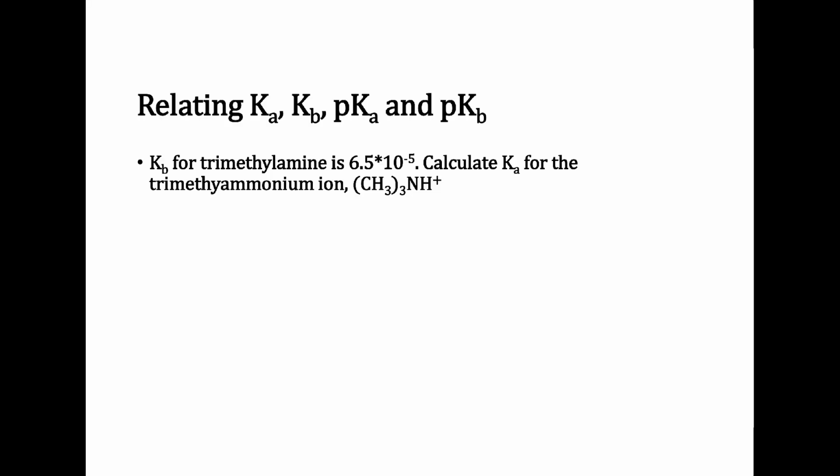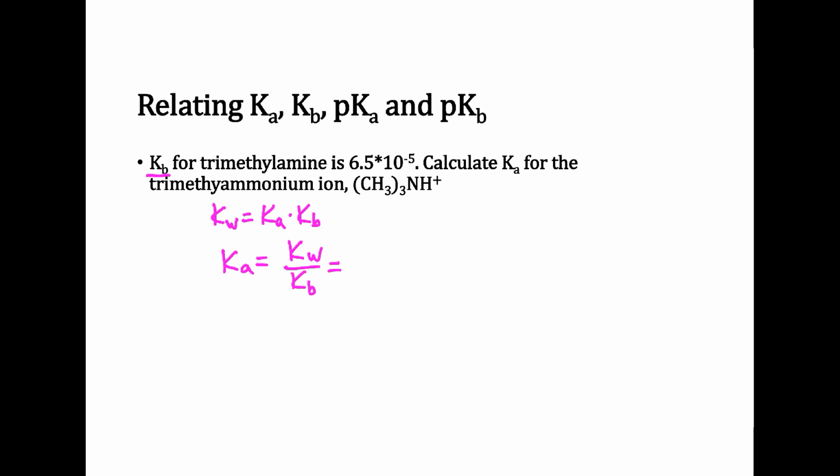So in this first example, you are given Kb for trimethylamine, and we are asked to calculate Ka for the trimethylammonium ion. So what we'll have to do in this case is write out our expression. So Kw is equal to Ka times Kb. Well, if we're trying to calculate Ka, Ka will equal Kw over Kb.